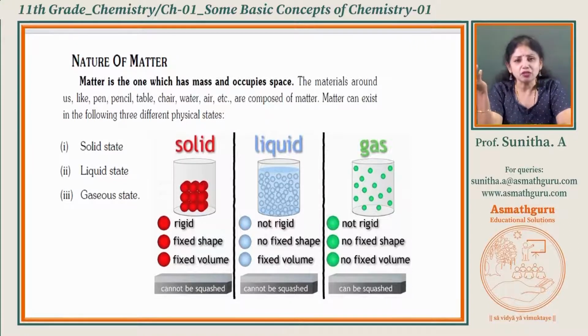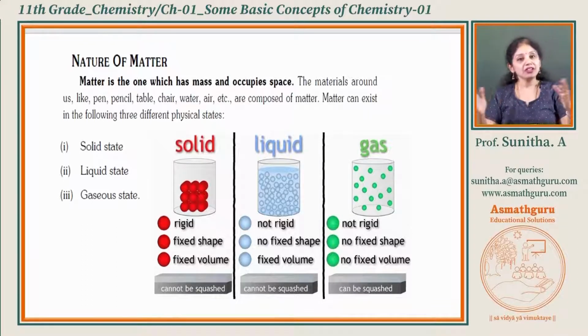Whatever we come across, you, me, we all are made up of matter. So anything that has mass and occupies space is referred to as matter. Now, whatever we come across is made up of this matter, so we have to understand that in greater depth.